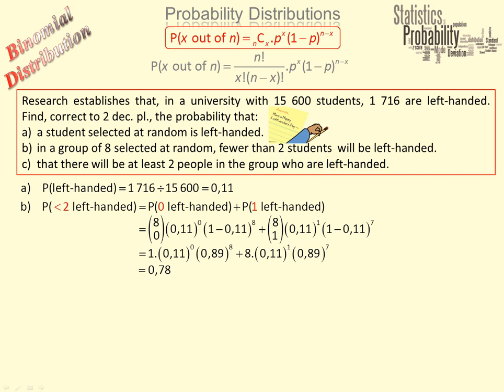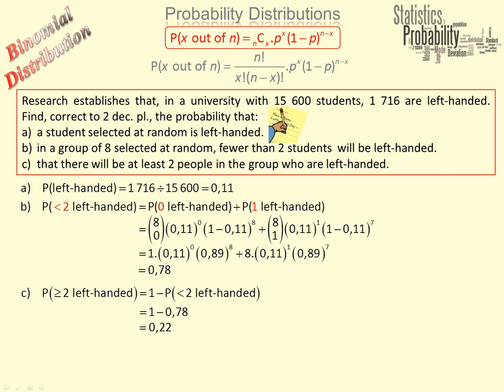So therefore all we have to do is 1 minus the previous answer. And therefore the probability is 0.22 that there will be at least 2 who are left-handed.